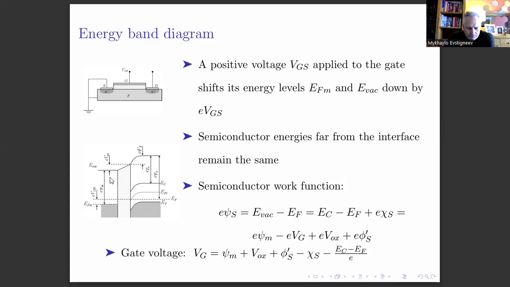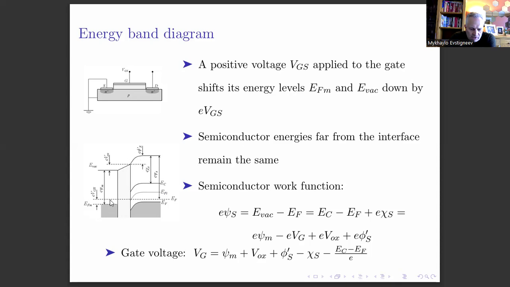So if we add the metal work function, E psi metal, plus the voltage drop across the oxide layer, E V oxide, plus the surface potential of the semiconductor, then we will get from this point to this point.